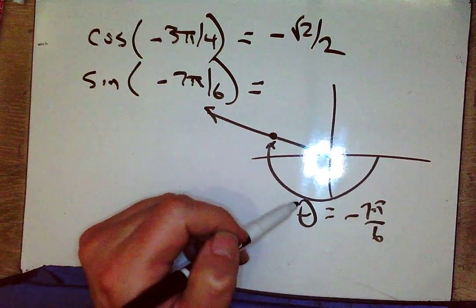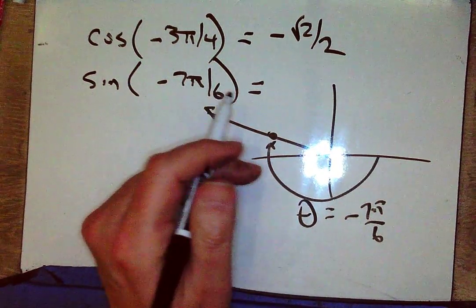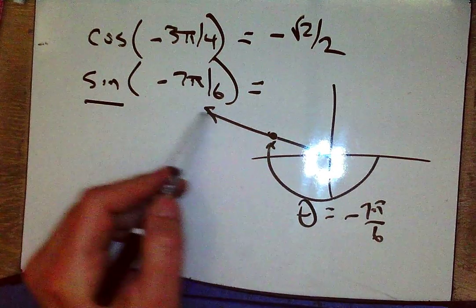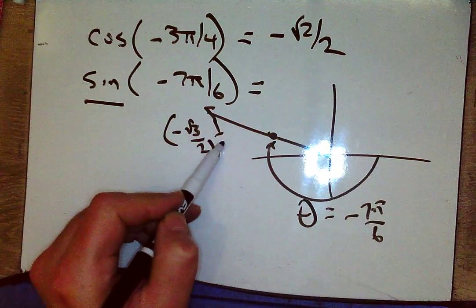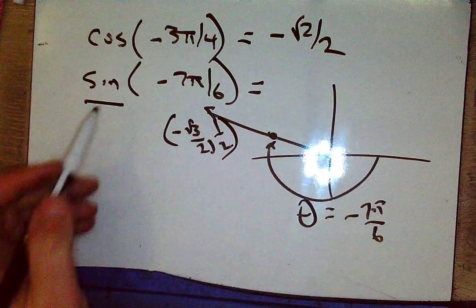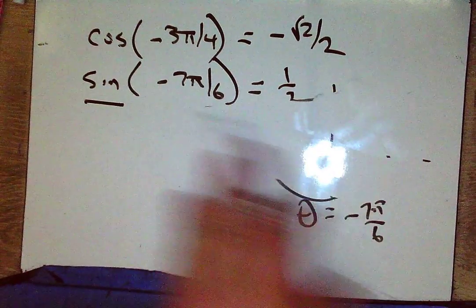Well, what's the ordered pair here? The ordered pair here is negative root 3 over 2 and then the sine is the y value. So, okay.